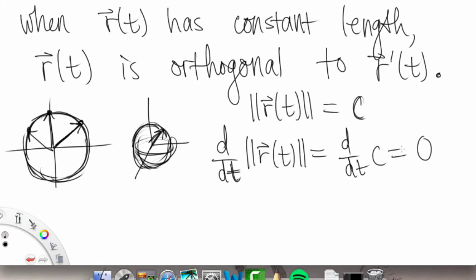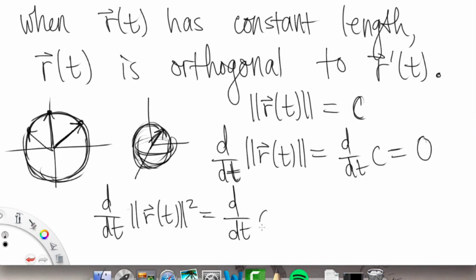And that we all know equals 0, okay? And it would be the same exact thing if you were to square it, too. So the derivative of the magnitude of r of t squared is equal to the derivative of c squared, which still equals 0, okay? And I'll continue this on the next slide explaining why this statement is true.